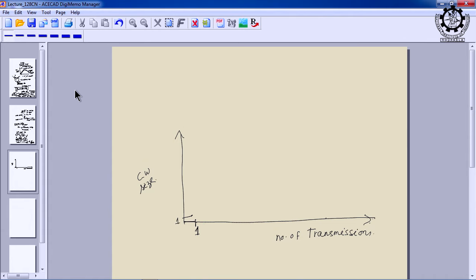When it goes to the second transmission, the size is increased to 2, because 1 plus 1 is now 2. When it goes to the third transmission, this becomes 4, and in the fourth transmission, this becomes 8.